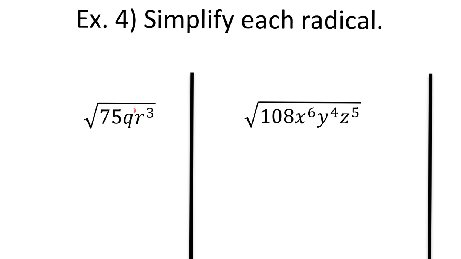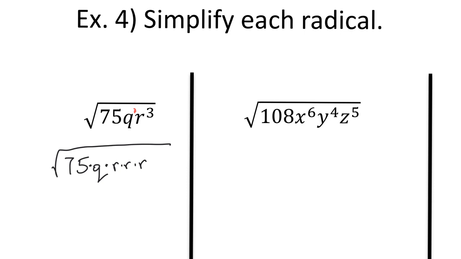So when I say expand the variables, I want you to write down the actual variables multiplied by itself depending on the exponent it has. So we have the 75 here, there's the q, and I'm going to multiply by r times r times r. Those 3 r's came from the exponent of 3 for the r. So you have the 75, the q, and the r times r times r.